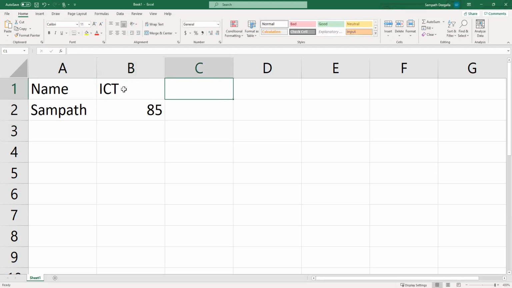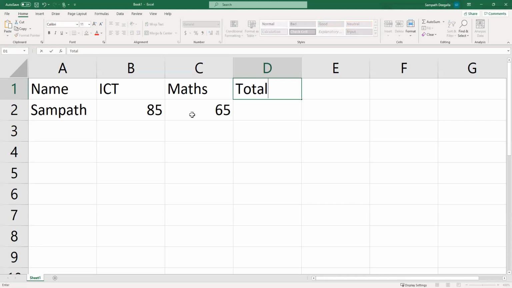And we have marks for maths, like 65. So you see the numbers are right aligned.